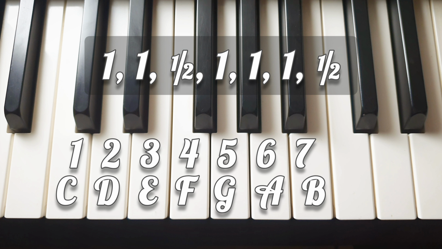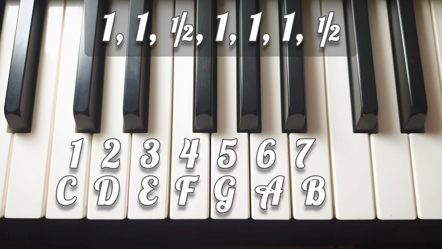If we would like to find the D major scale, for an example, then we will just start from the D key and jump forward to find the rest of the keys by the use of the tone steps we just mentioned.